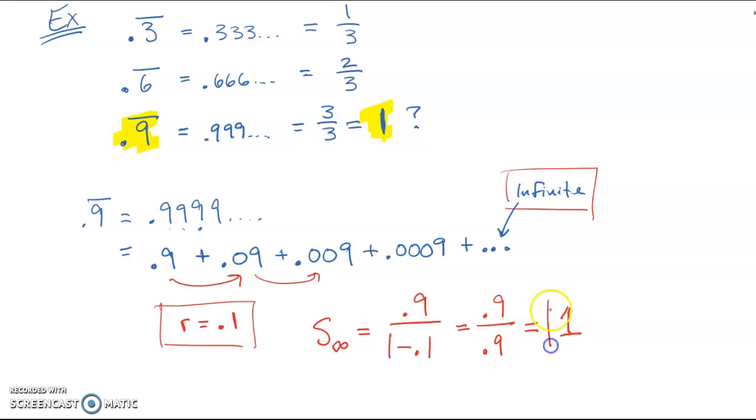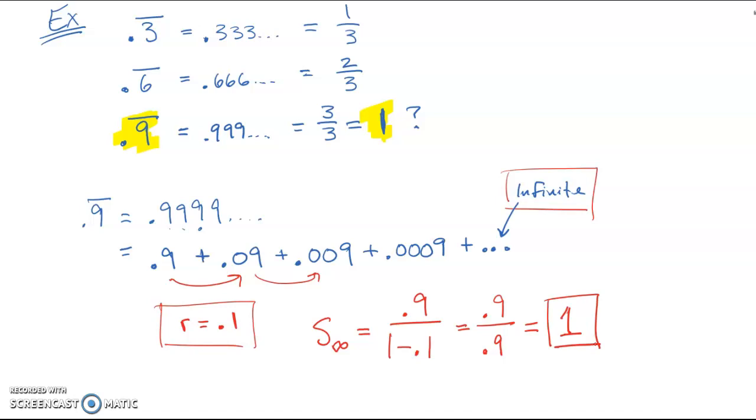And that proves that 0.9 repeating is exactly 1. Kind of a weird thing to say. People want to think, no, it's just a little less than 1. Well, yeah, it's less than 1 if you ever stop the nines. But if the nines go on forever, it's exactly 1.